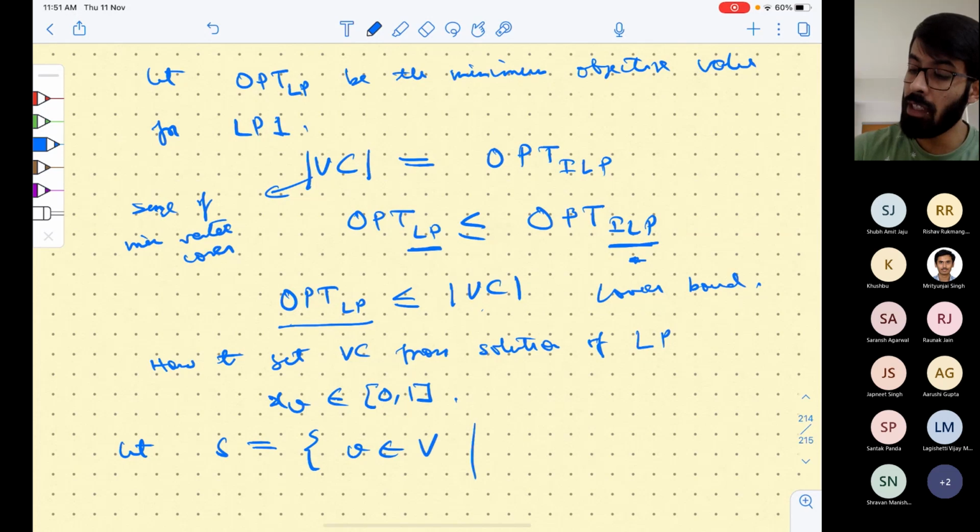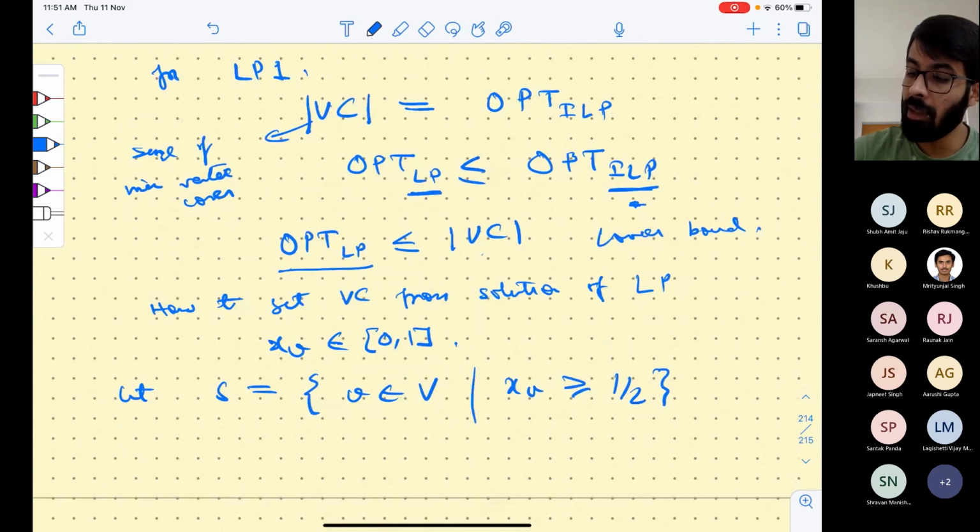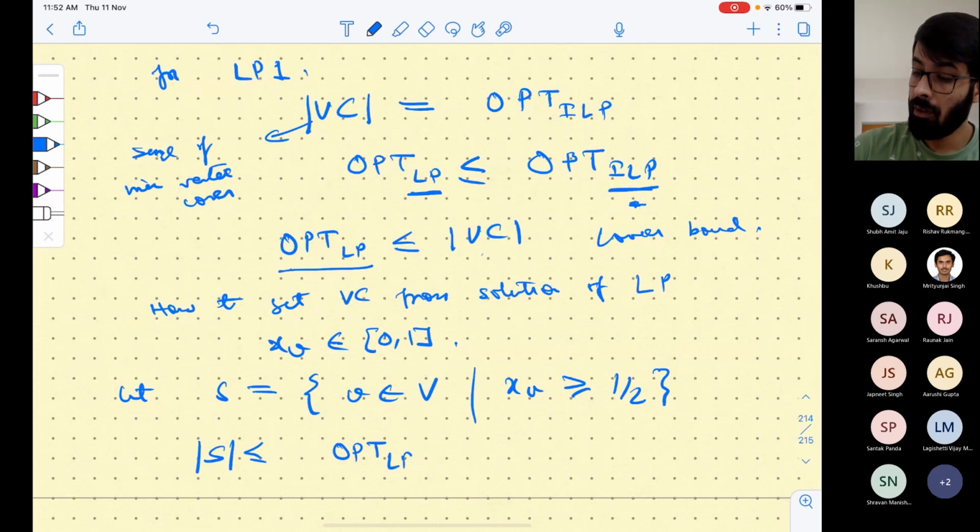Suppose we want to choose those which have XV value at least half. Then can we say something about the size of S? Anything about opt LP?